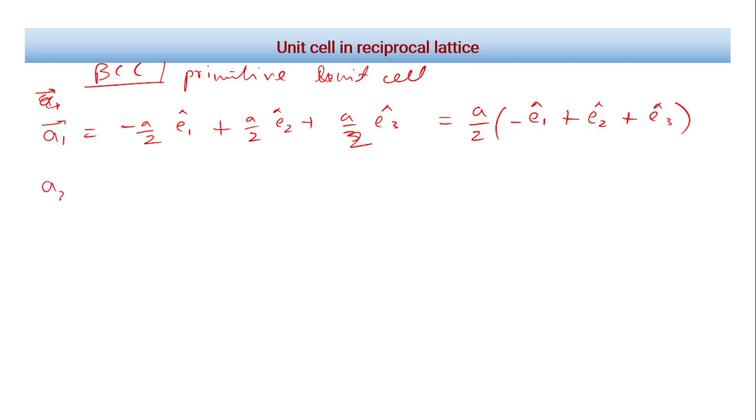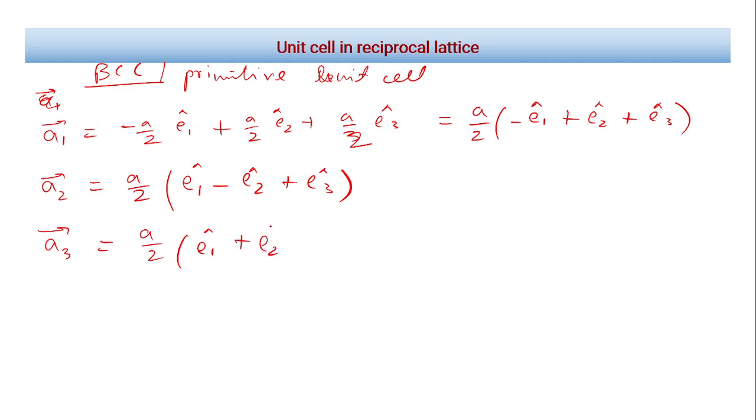Similarly for A2 vector, it will be a by 2. After taking out this, it will be E1 cap minus E2 cap plus E3 cap. And for A3, it will be a by 2 times E1 cap plus E2 cap minus E3 cap.